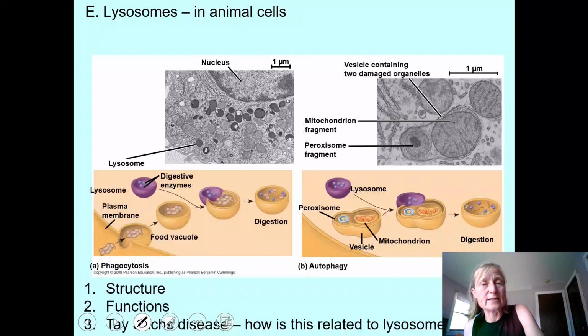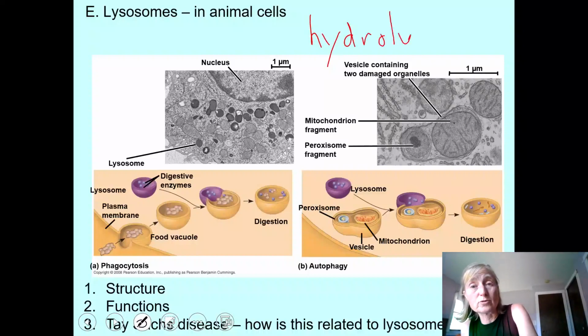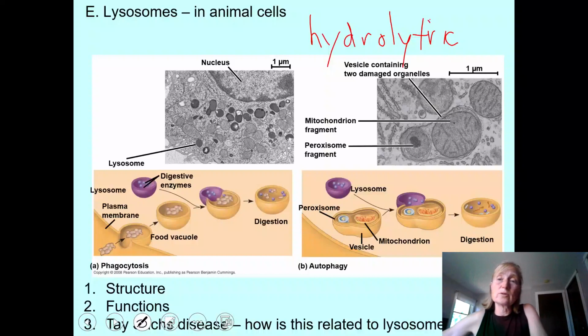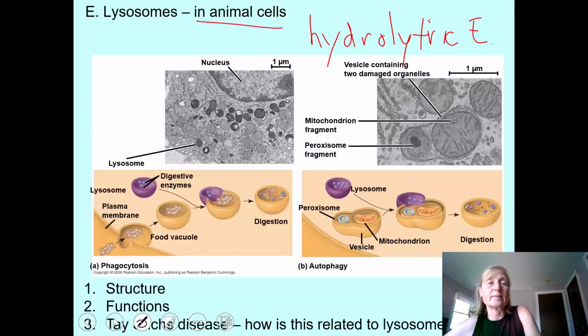We call these enzymes hydrolytic because they use water to break things apart. Hydrolytic enzymes. There are in humans something like 40 different types of hydrolytic enzymes inside our lysosomes in animals.